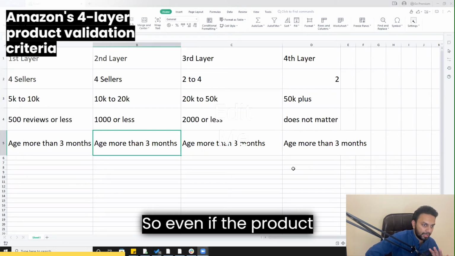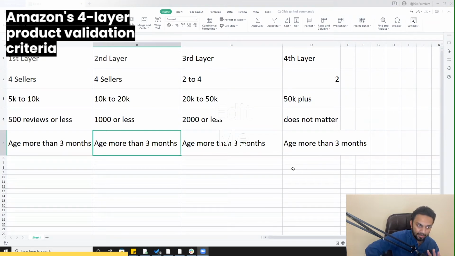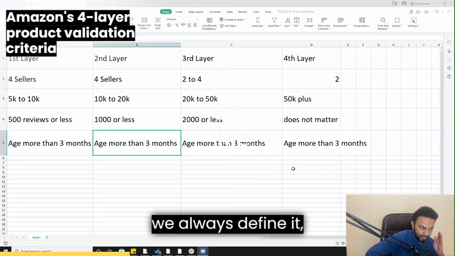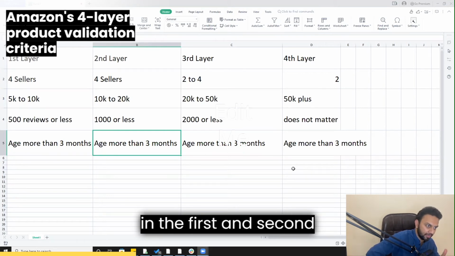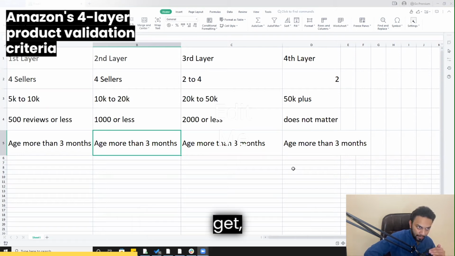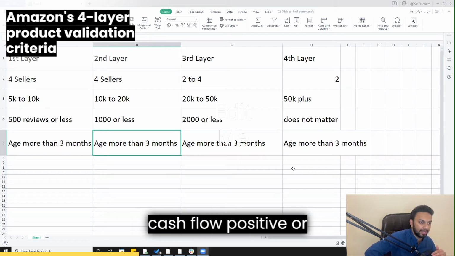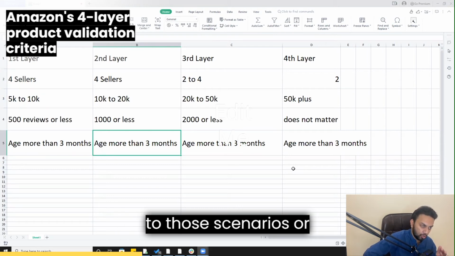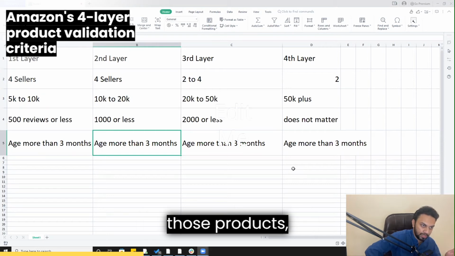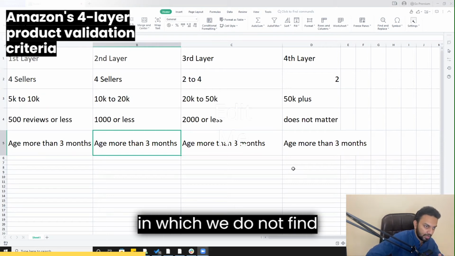So even if the product depth is amazing, we always define it in 4 layers, and we see if we find enough sellers in the first and second layer. Finding enough sellers in the first and second layer will help us become cash flow positive or get stable much more quickly than those products in which we do not find these first 2 layers.